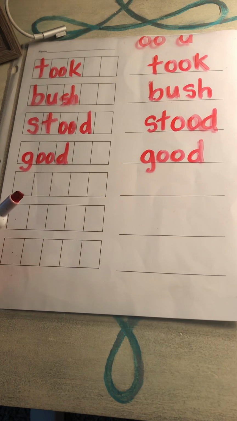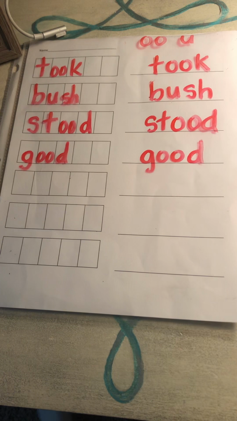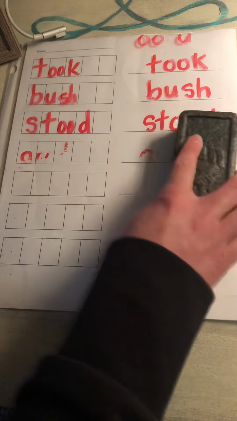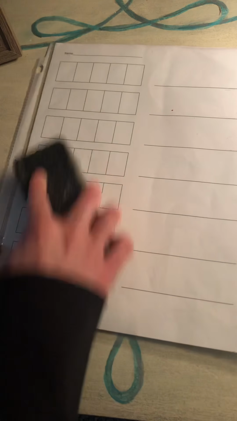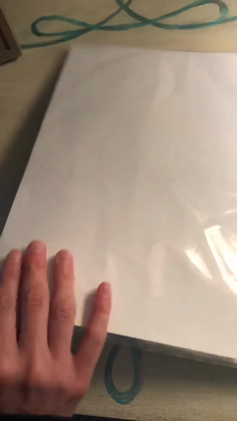All right, great job with encoding. You may erase this side of your page. And turn your page over, and we are going to encode a sentence. And I'm going to read this sentence twice, and I want you to just listen. Just listen to each word.